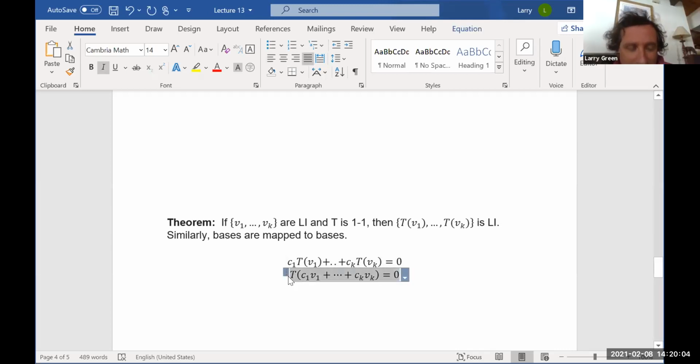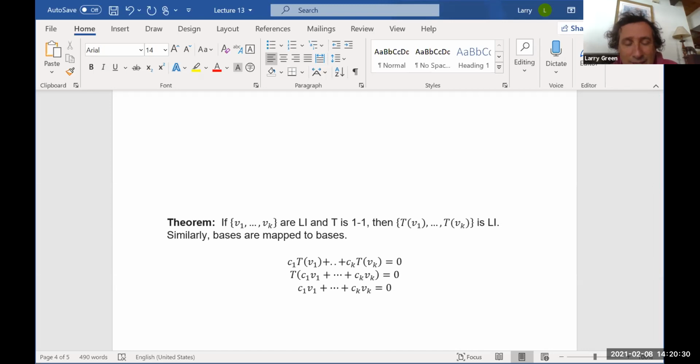In other words, I can kind of divide out by T. It's not quite doing that, but that's the idea. By being 1-to-1, I don't need the T. And I could say c1 v1 plus ... ck vk equals 0.